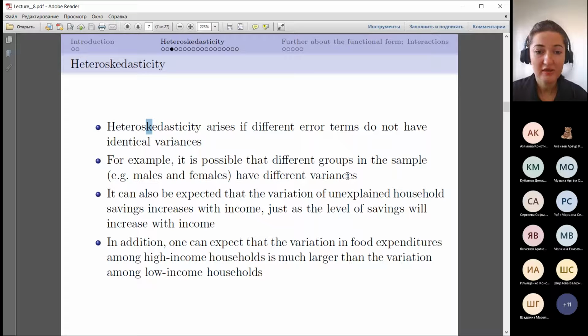It's logical, yeah? As the level of savings will also increase with income. And one more example: you can expect that the variation in food expenditures among high-income households is much larger than the variation among low-income households. It's always logical in the general sense, yeah?